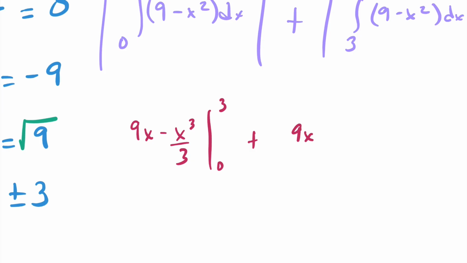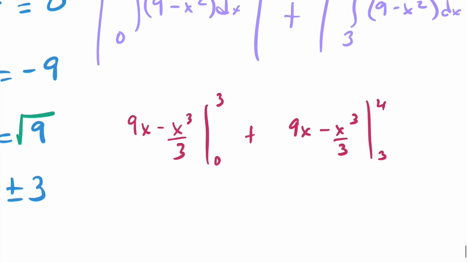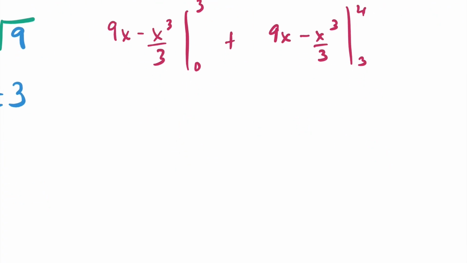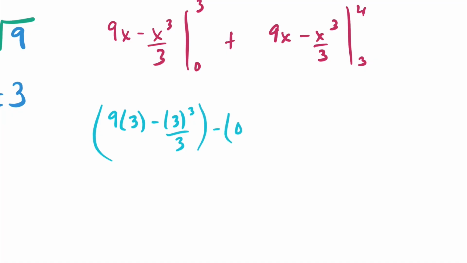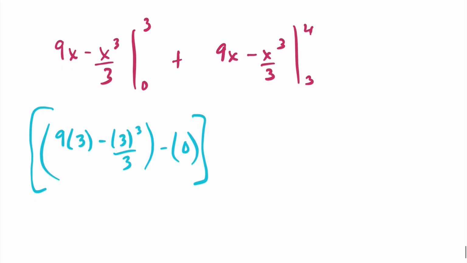And we're going to add to that the same thing, but from 3 to 4. When we found the antiderivative, we get 9 times 3 minus 3 cubed over 3. Take away 0. Don't even waste your energy calculating that one. Then I got 9 times 4 minus 4 cubed over 3.